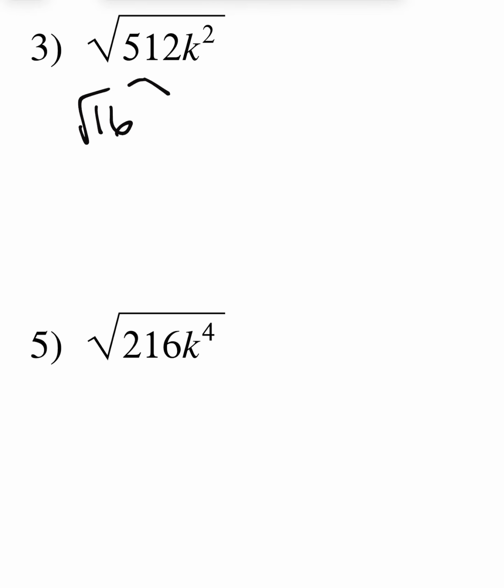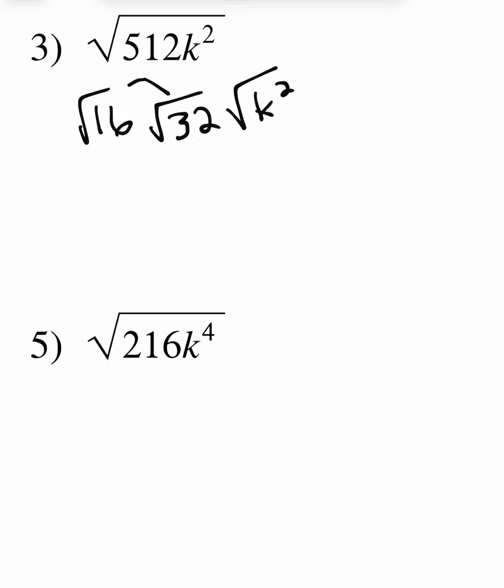How many times does 16 go into 512? Goes in 32 times. So 16 times 32 is 512. And we also have this k squared.